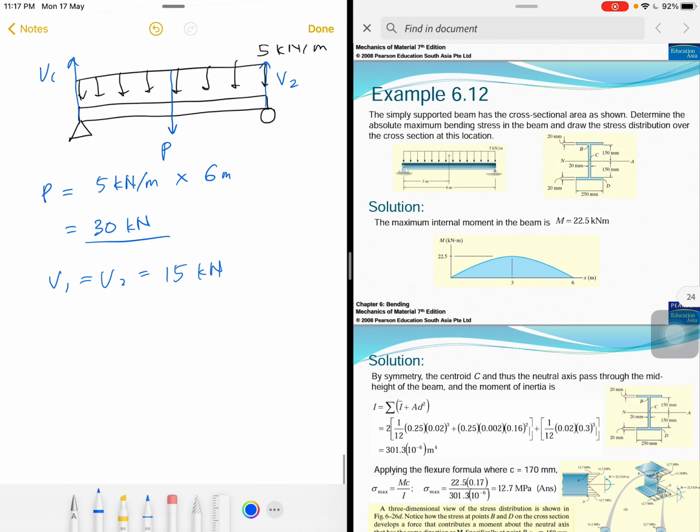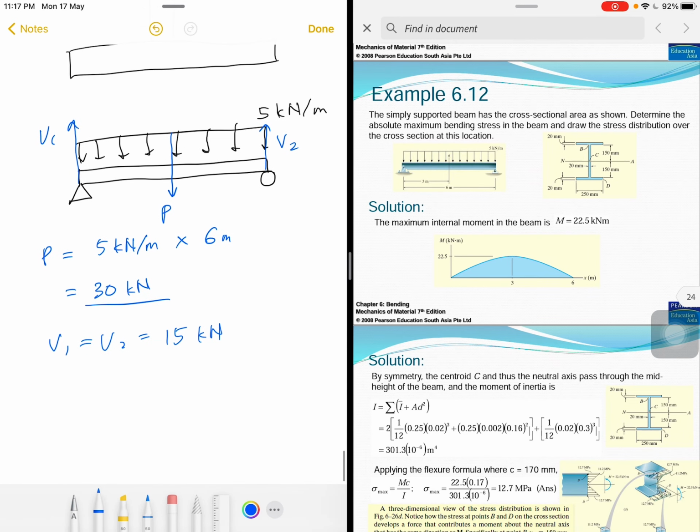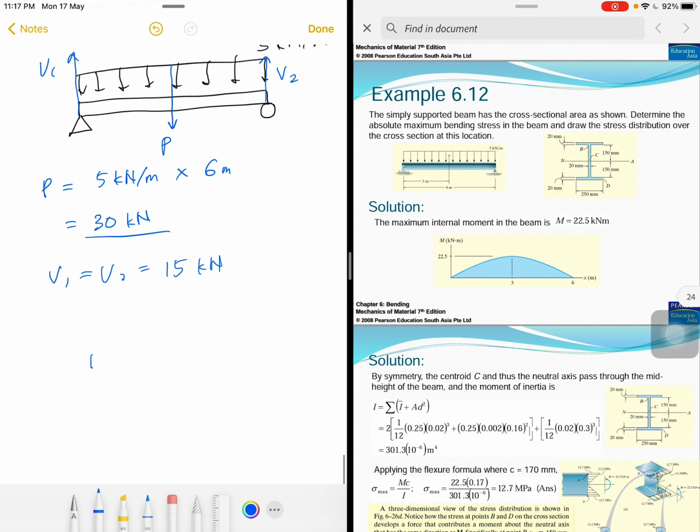Okay, and now we want to find the equation for moment. So before that, we may want to calculate the equation for shear. So here V and moment M. So we have V1 only. We don't have moment, reaction moment.